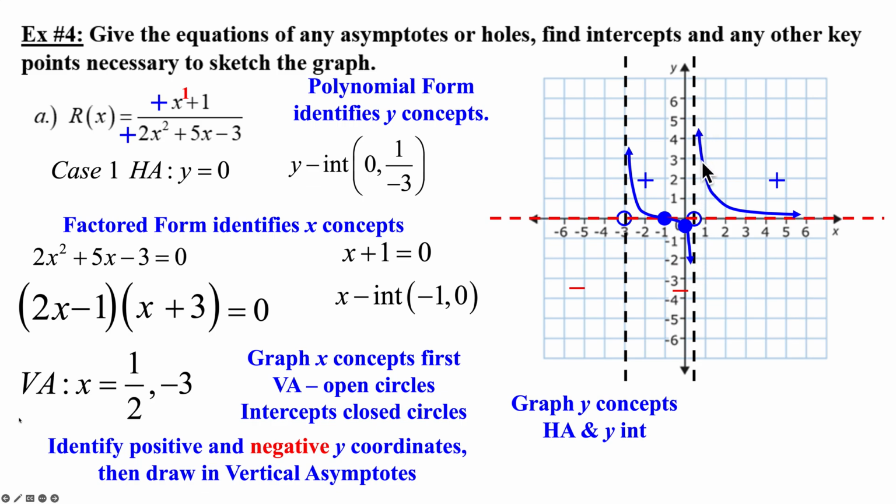So I'm starting up here and just draw a curve down. And the same must be true over here by this negative. Right side of that vertical asymptote at x equals -3 goes up to positive infinity. Then the left side goes down. So I'm starting here and making a curve and filling in my graph right there. And that's my rough graph.